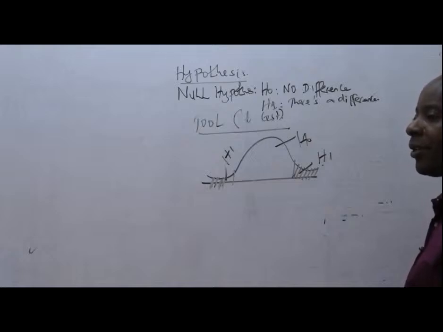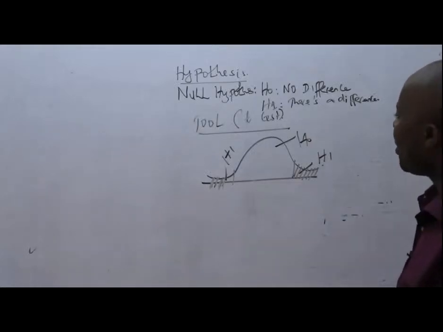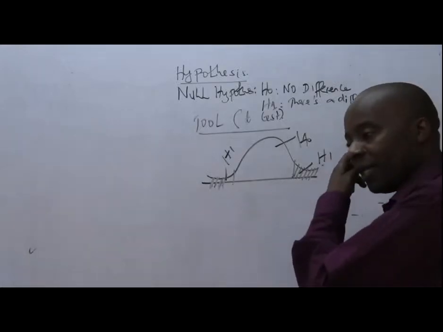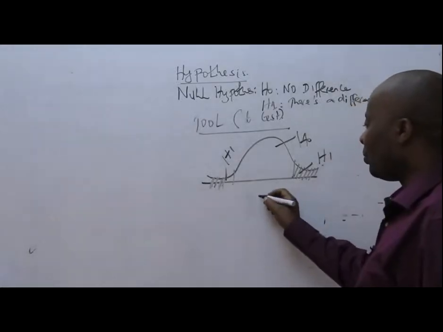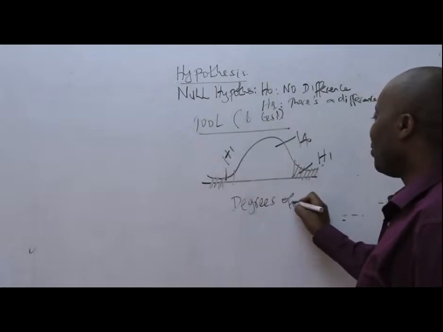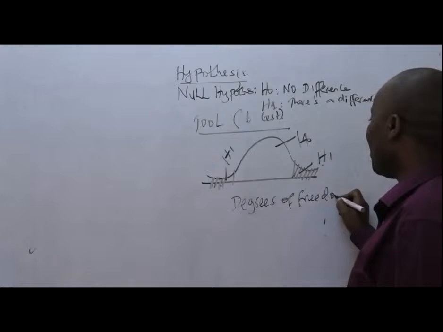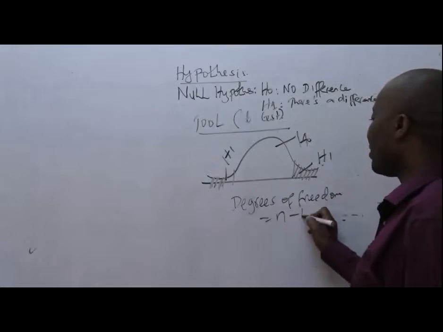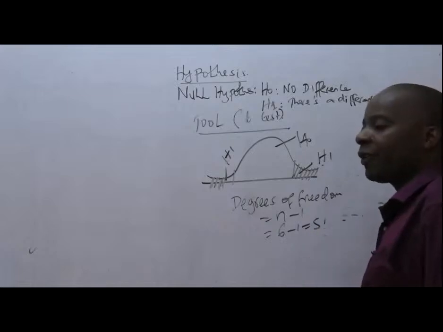After that, I will get the degrees of freedom. Degrees of freedom is n minus 1, n is 6 minus 1, which gives me 5.